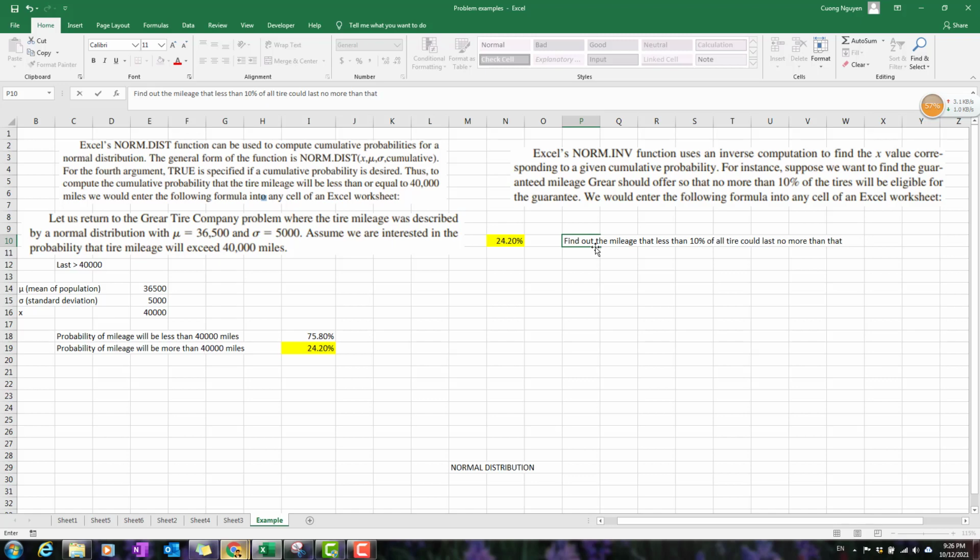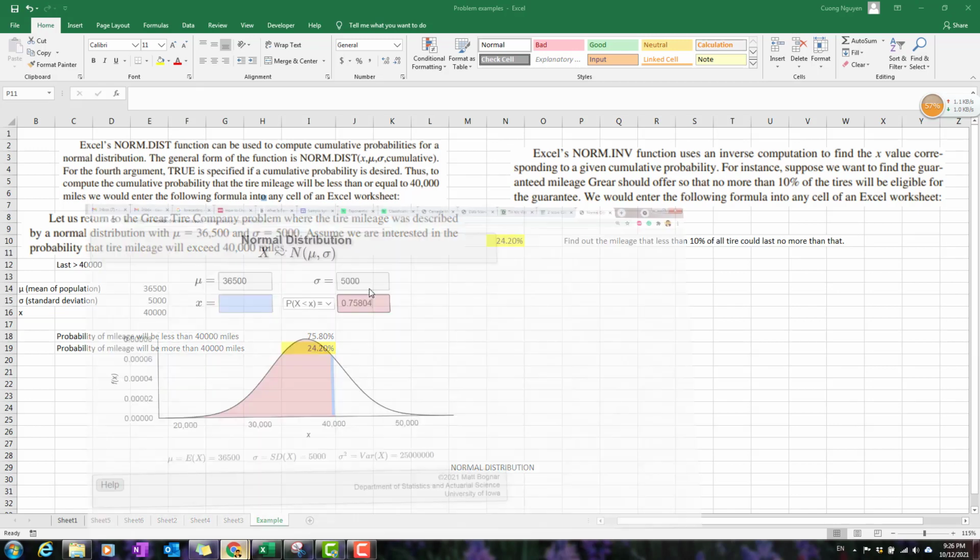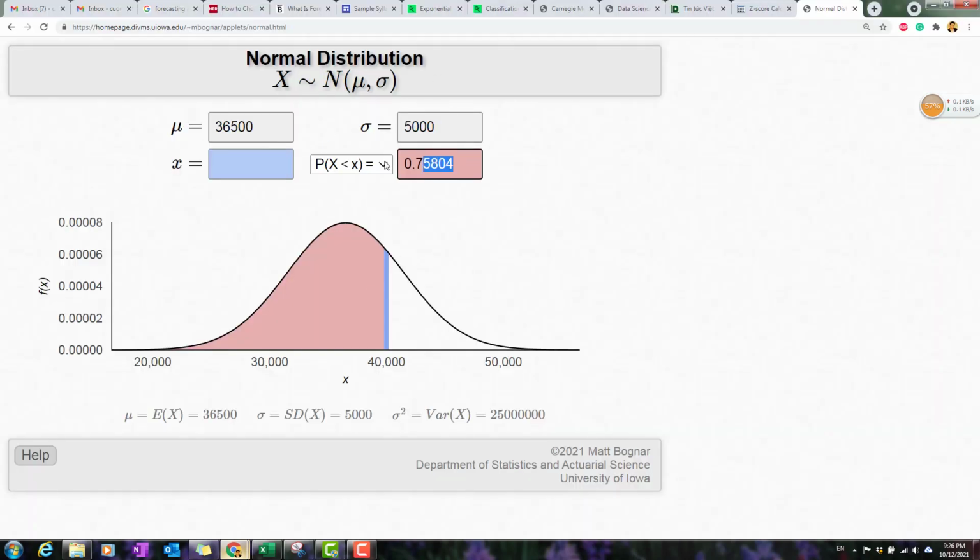Okay, and to do that actually is very simple in the same way with the methods over here. You just have to put in, and you can imagine like this, just like 0.1, that should be 10%, and you can calculate for the x value that's just less than 10% of all the time we can last for, and that should be 30,000 something, 30,092.